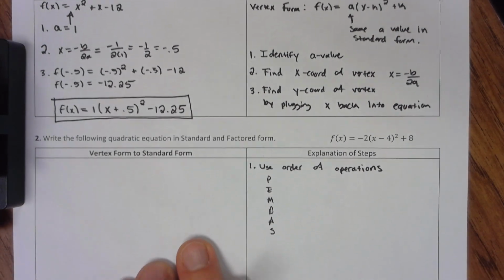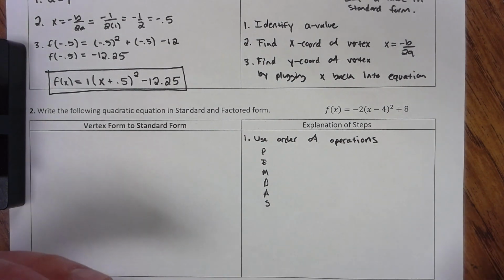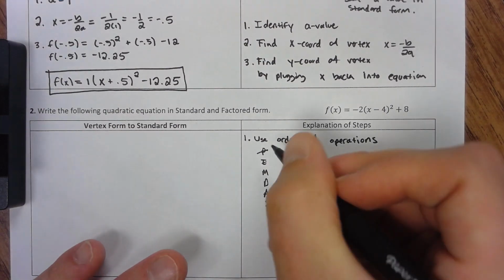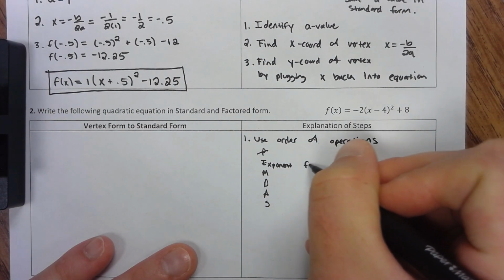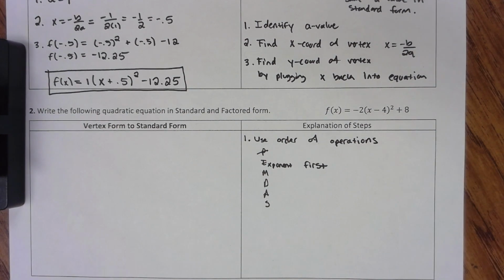Okay, so we have parentheses, but there's never going to be anything that we need to simplify inside the parentheses. So we can basically skip the P, and we need to do the exponent first. When I say the exponent, I'm referring to the x minus 4 squared.